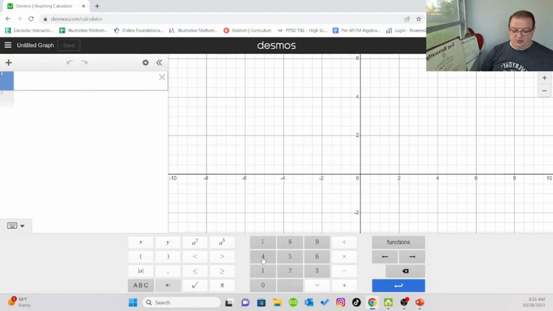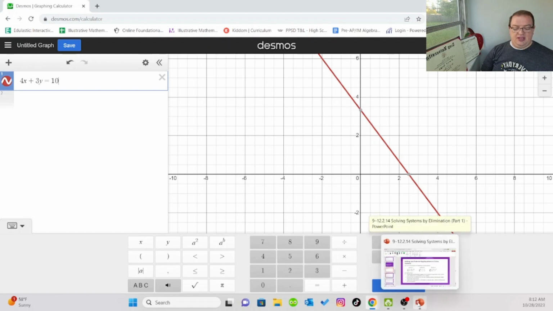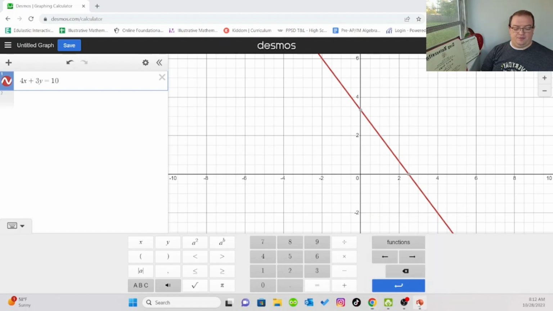So we just simply type 4x plus 3y equals 10. So what we're saying here is that every single point pair on this red line makes this equation true.